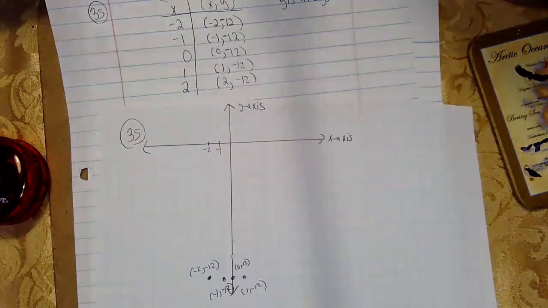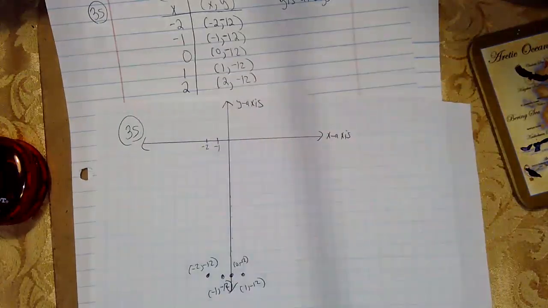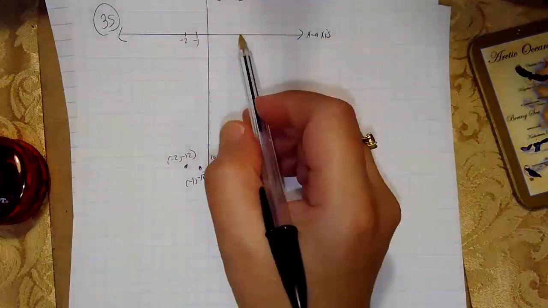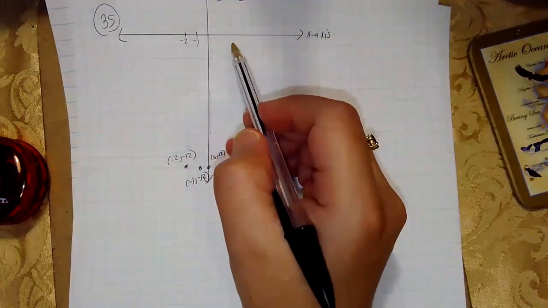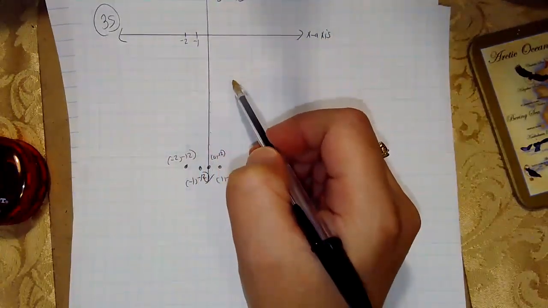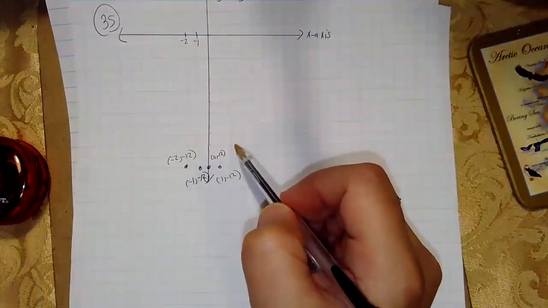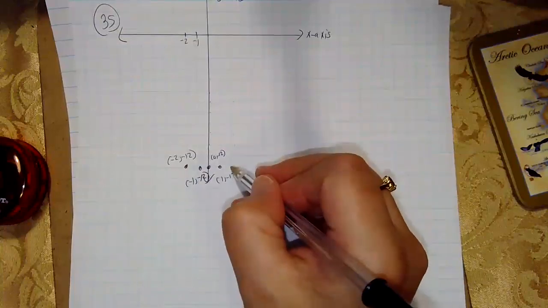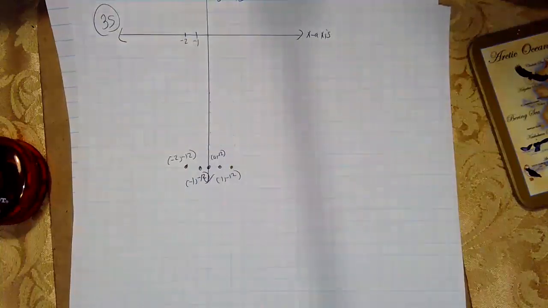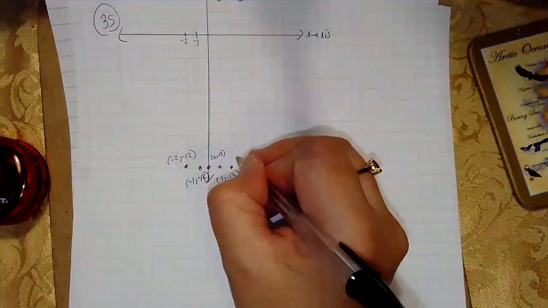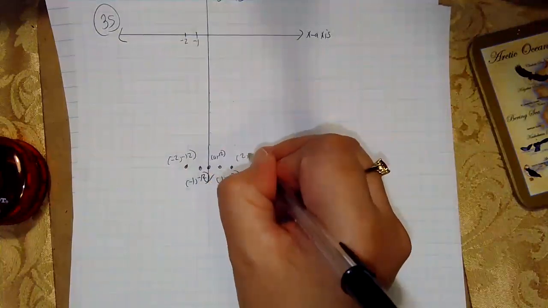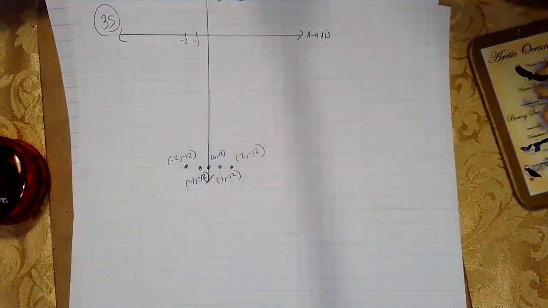Then I have this last one, 2, -12. So 2, and then I go down, -1, -2, -3, -4, -5, -6, -7, -8, -9, -10, -11, -12. See that? So I'm at 0, 1, 2, negative 12.